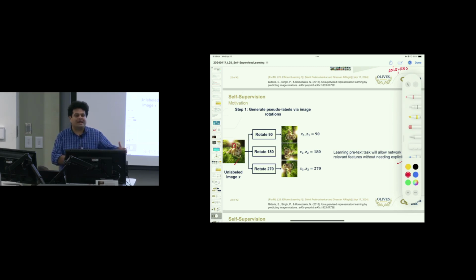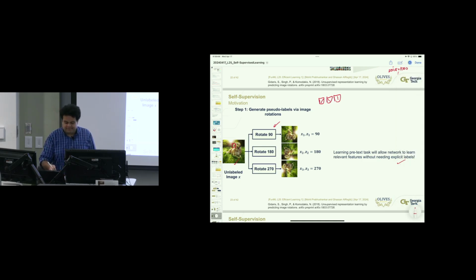We already know that the initial layers are going to learn something like edges, colors, and so on. It doesn't matter if this is coming from the task of training for 90, 180, 270, or if it's coming from the image classification examples that exist.